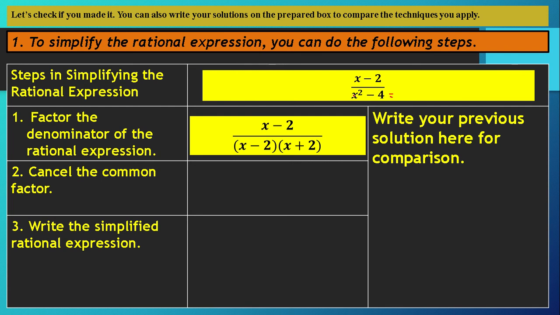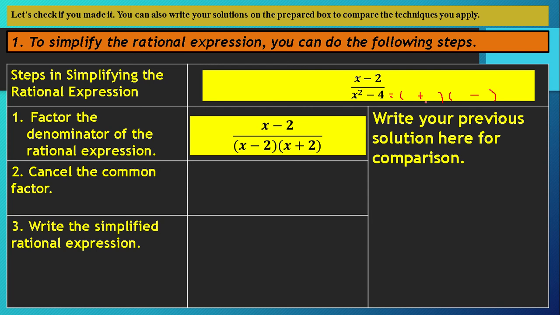Now, laging tatandaan na kapag yung expression ay difference of two squares, ang factors niyan ay dalawang binomial factors. Ang factors niyan ay sum and difference of two terms. So, ulitin ko, meron tayong dalawang factors, isang binomial, isang binomial.